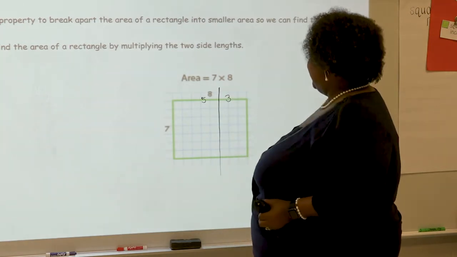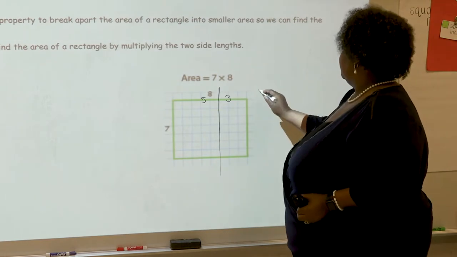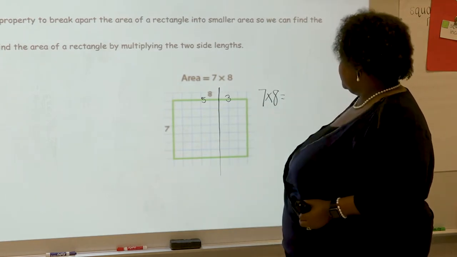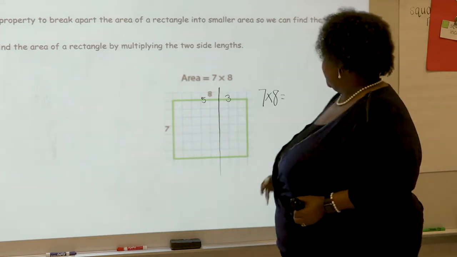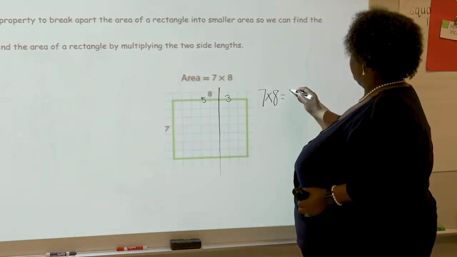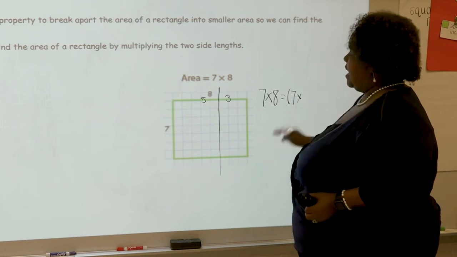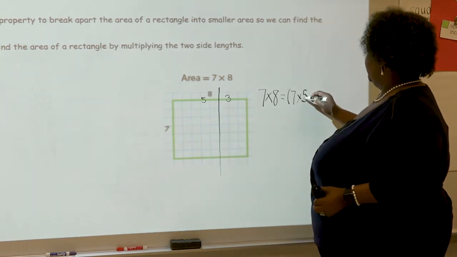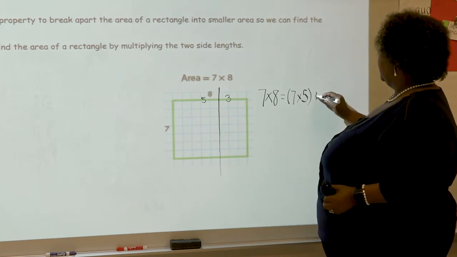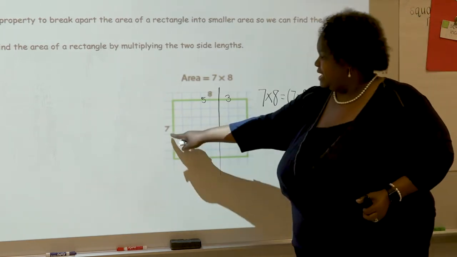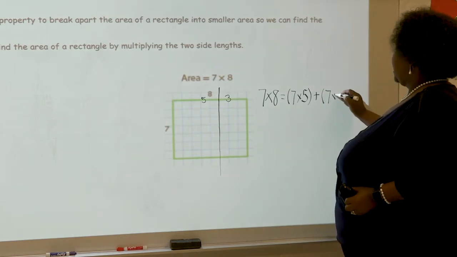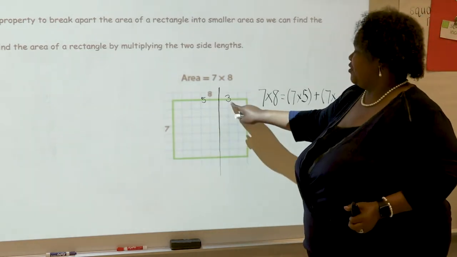All right, let's see. So 7 times 8 equals, I still have my 7, times 5 on this side, putting in parentheses, plus, I still have my 7 here, times 3.